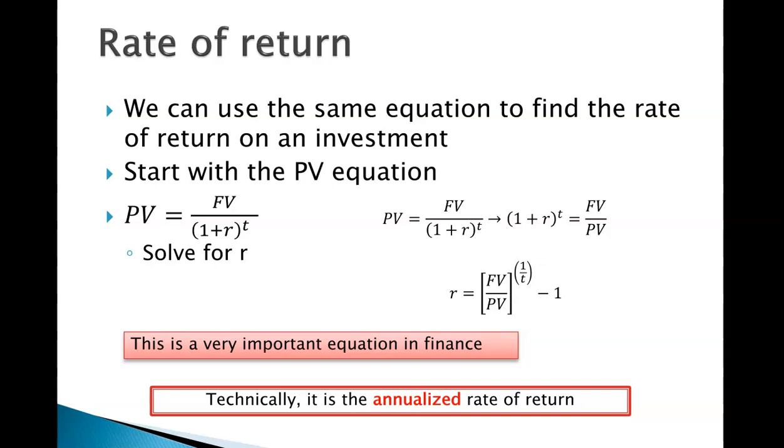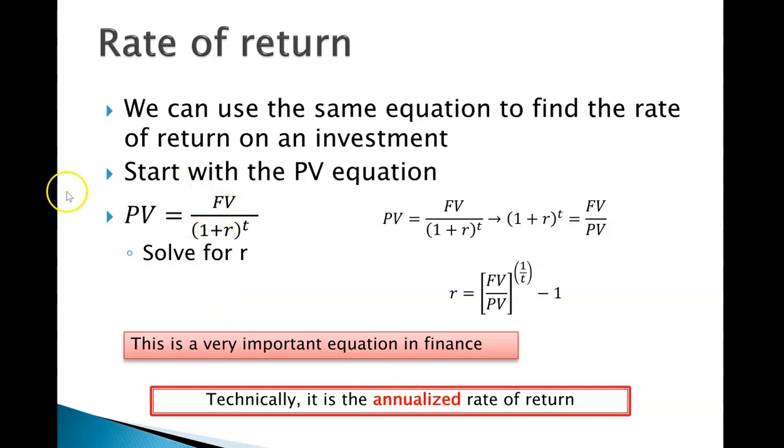Okay, now there's one more concept we can use with these simple lump sum formulas, and that's the rate of return. So if you invest some money in something to start with, and then after some time period you end up with a certain amount of money, you can calculate what your rate of return is on that investment. Right?